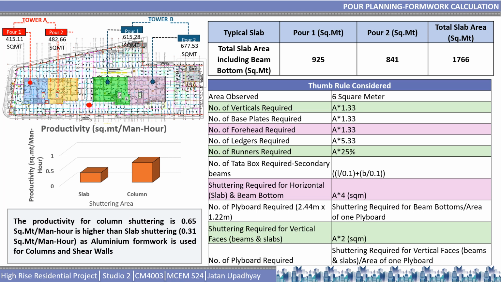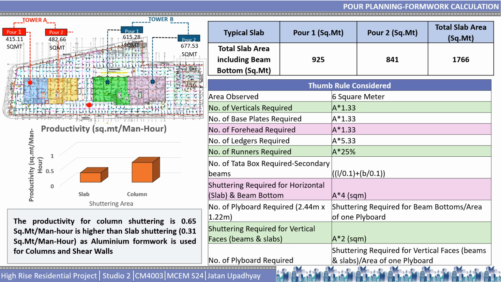We observe the total area and consider a thumb rule for the calculation of the formwork. With the help of the thumb rule, we derive quantities of various elements such as scaffolding verticals, base plates, forkheads, ledgers, runners, also dataum box, and etc.